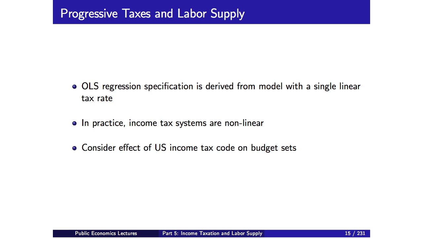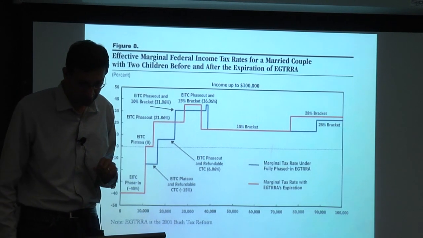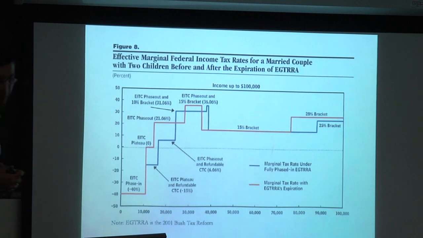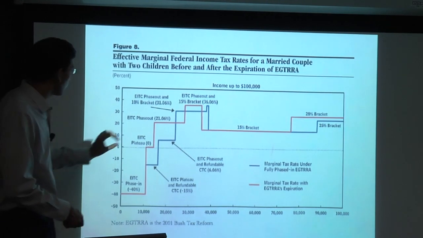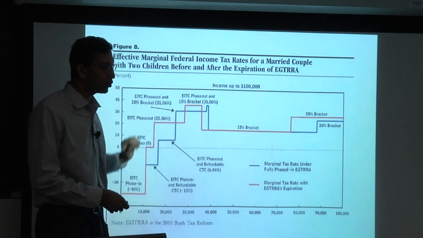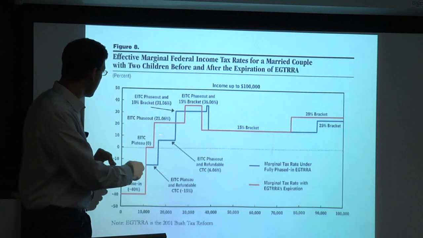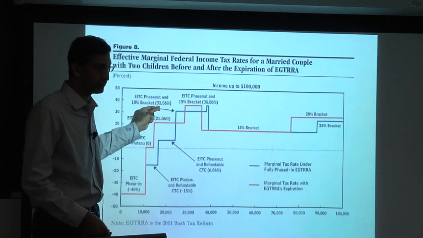So just to show you what this looks like in practice, this is very important. This is a depiction of what the U.S. income tax schedule looks like before and after the 2001 tax reform for a married couple with 2 kids, okay? And all I want to show you here is implicitly what you're assuming when you run a regression only using the guy's marginal tax rate is that he faces a constant marginal tax rate at that local level.